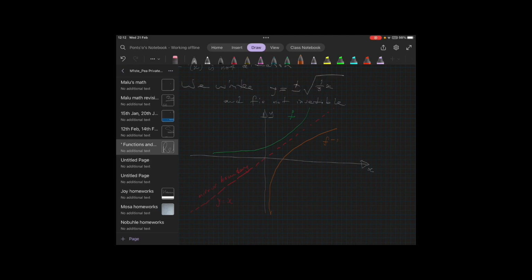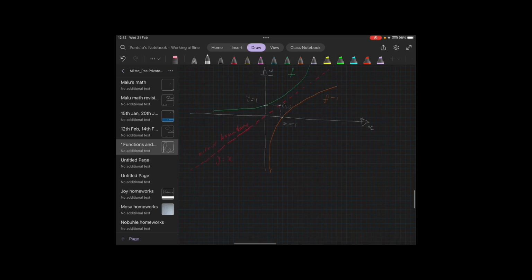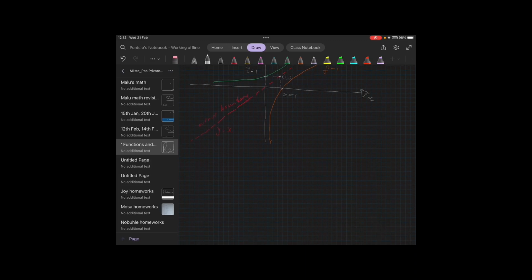Any point on the line y equals x has x and y coordinates of the same numerical value. For example, if this point here is x equals 1, and this point there is y equals 1, then there's a point where they meet up, and that point is (1, 1), which just illustrates that the coordinates have the same numerical value.